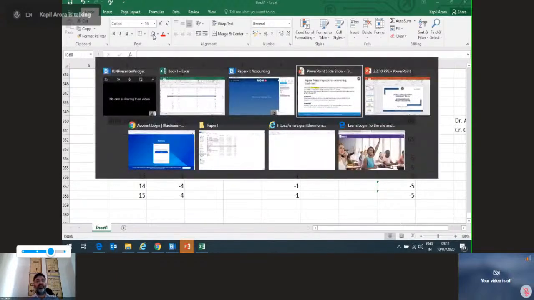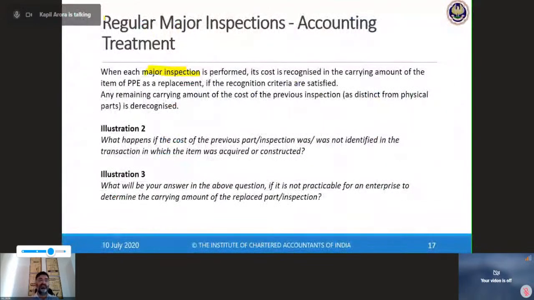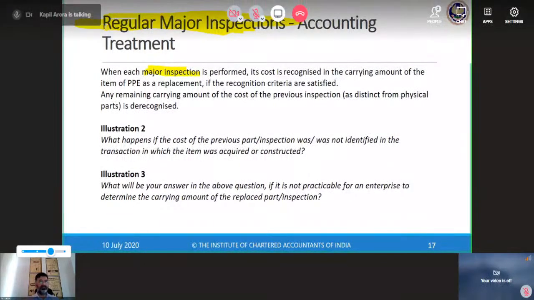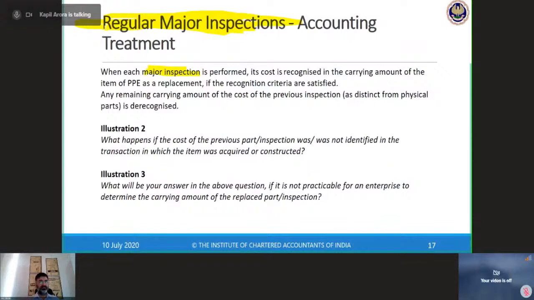That is how we find out the values of major inspection. Is that okay with all? Right? If it is okay with everybody.